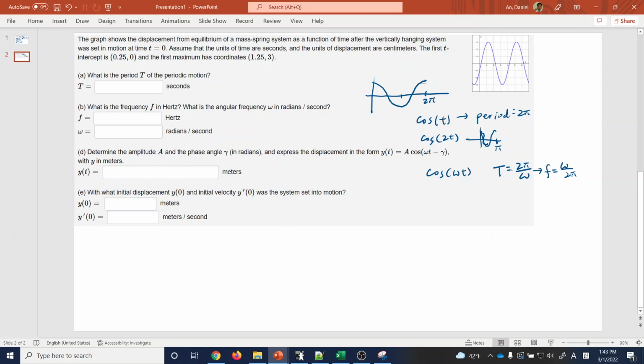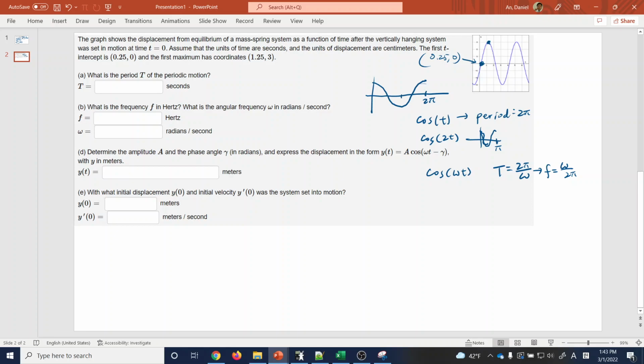Okay, now let's see what this graph is doing. It's hard to see what's going on because the graph is so small, but it does give us that this point right here is 0.25 comma 0, right? And then the first maximum has coordinates 1.25 comma 3.